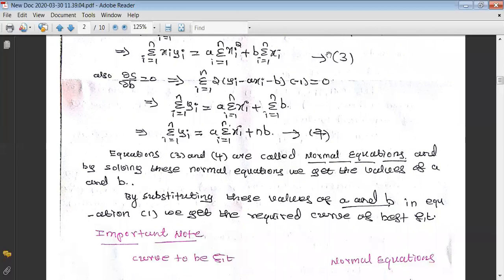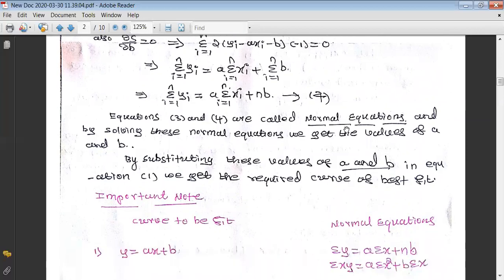These equations number 3 and 4 are called normal equations, and they play a very important role in the fitting of curves. By solving these normal equations, we get the values of small a and small b after calculating the required quantities in the normal equations using the given data.